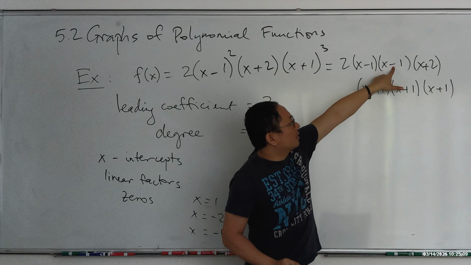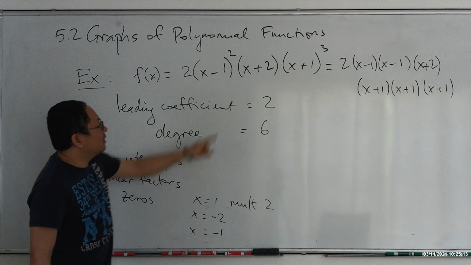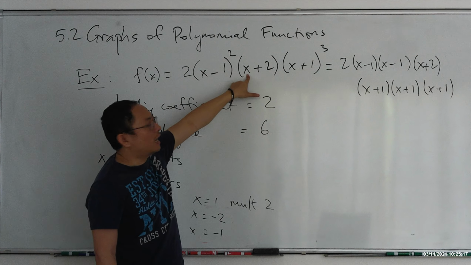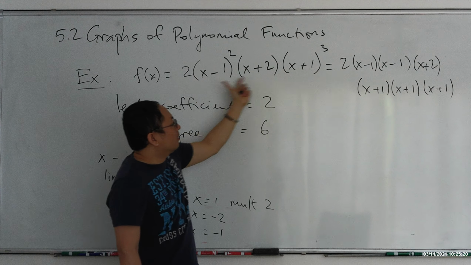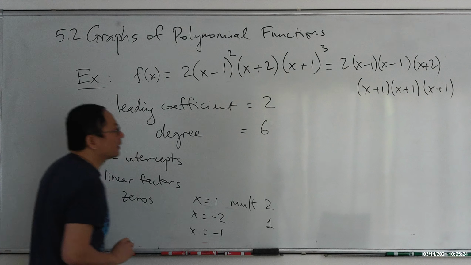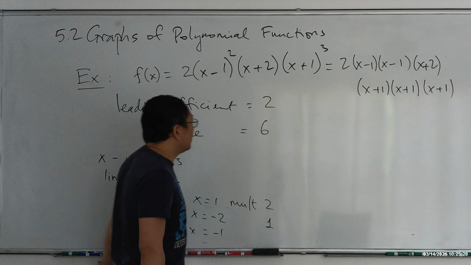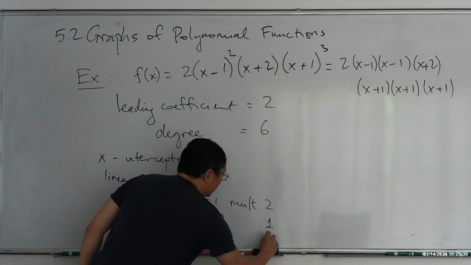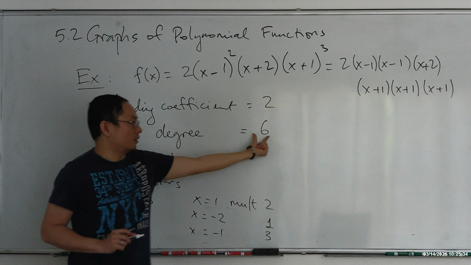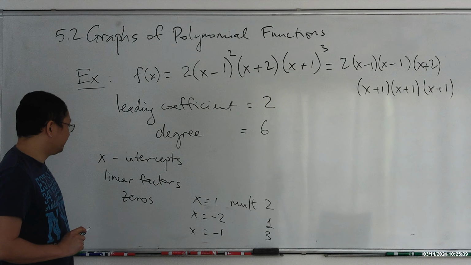And similarly, x equal to -2 is another zero of the polynomial: plug in x equal to -2, -2 plus 2 is 0, making the whole function equal to 0. But this is multiplicity 1. And the last one, x equal to -1, is another zero with multiplicity 3. So you have 6 zeros total, which matches the degree: 6 zeros, polynomial of degree 6.